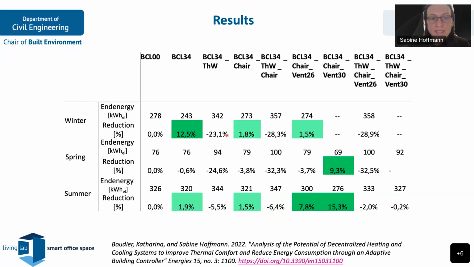So even with extending the HVAC deadband, we could still have very good values for thermal comfort. And for certain conditions, we could achieve an energy reduction. Sometimes it was rather small, but for example, together with a desk fan, we could achieve energy reductions from 8 to 15% in summertime when using the chair with the cooling function.